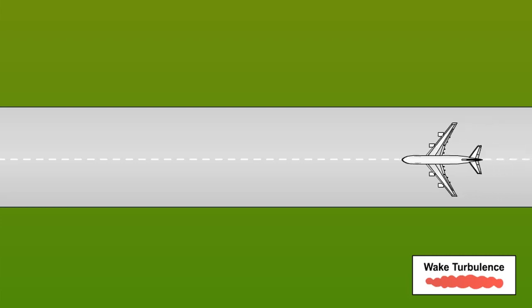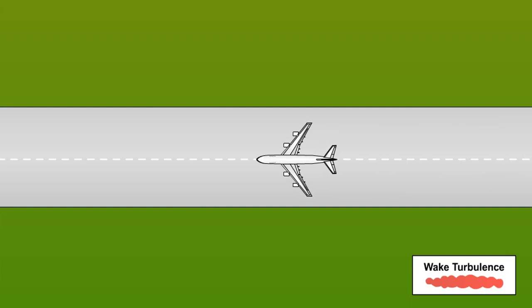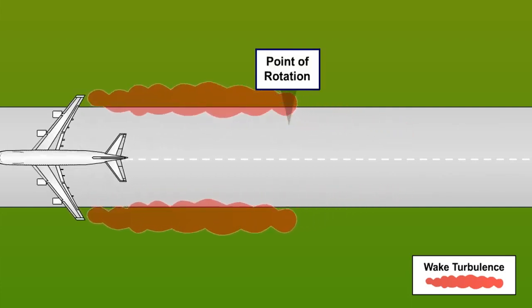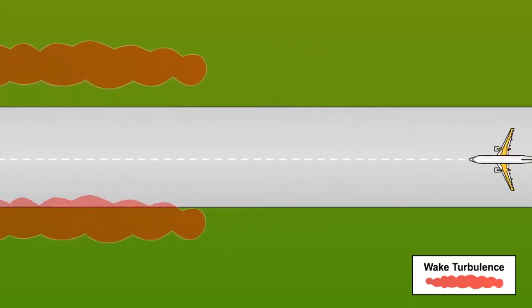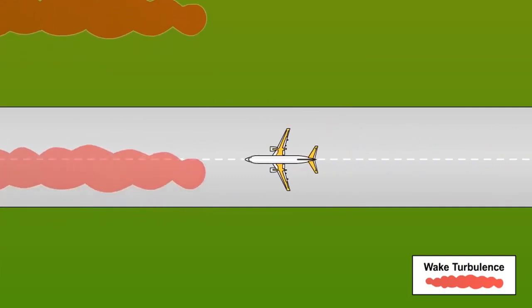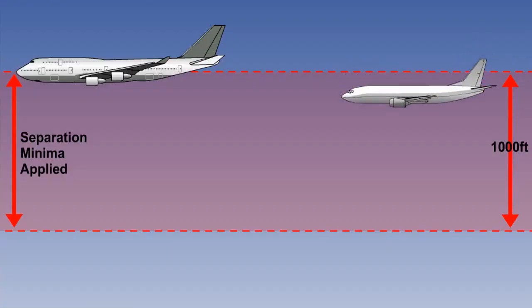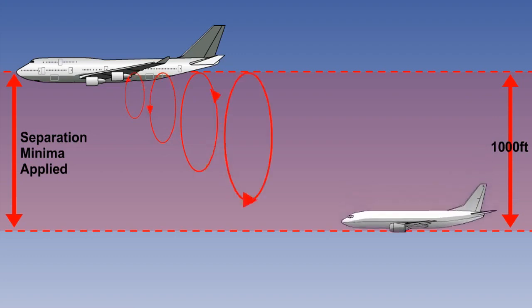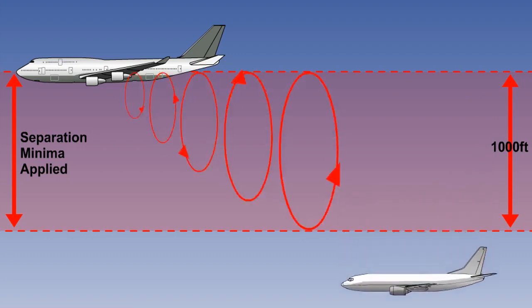Separation minima are applied to aircraft under the following circumstances. First, when two aircraft are using the same runway or closely separated runways for takeoff, a missed approach or landing. Second, whenever a following aircraft is at the same height as or less than 1,000 feet below the leading aircraft.